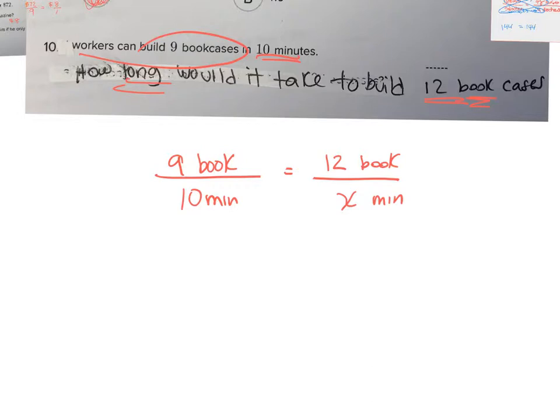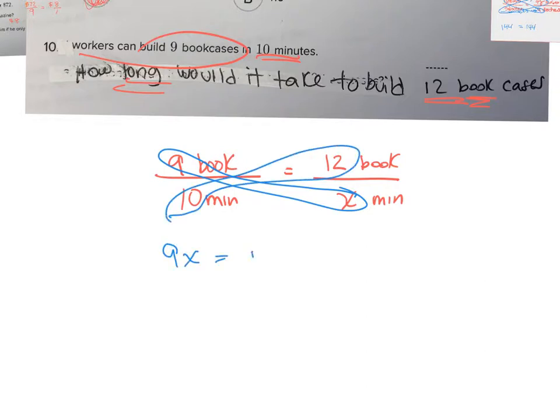Even if you don't use the bridge map, that's what the proportion would look like. We know that when things are in proportion, their cross products are equal. So you're going to multiply 9 times x and get 9x. That is equal to 10 times 12, which is 120. What do I do now? Divide by 9.